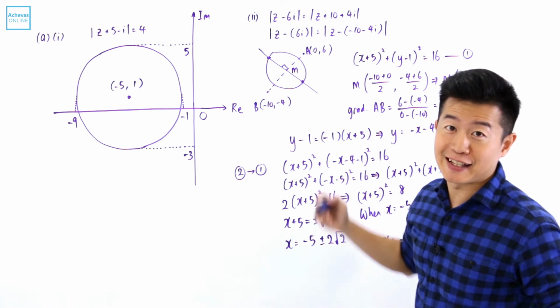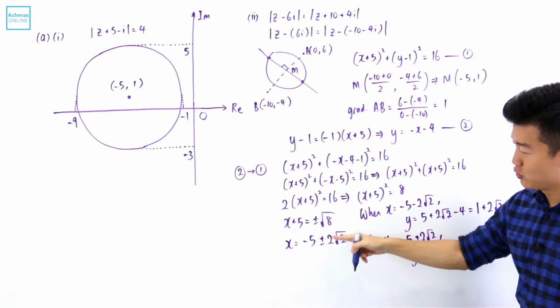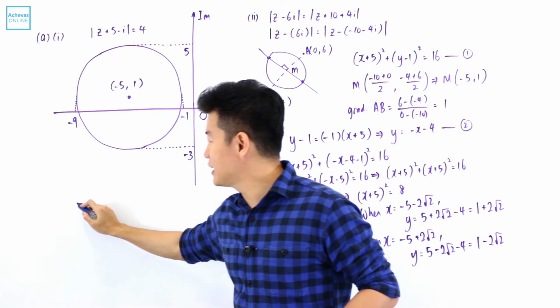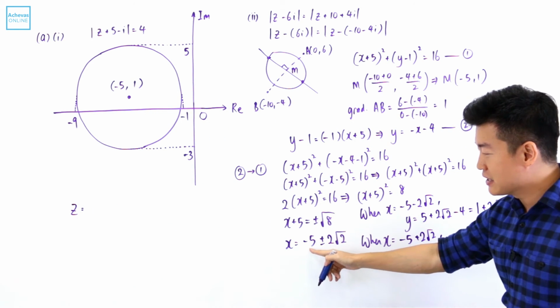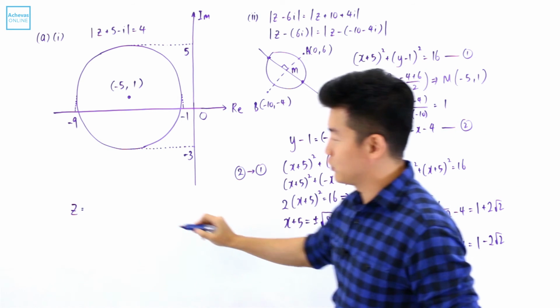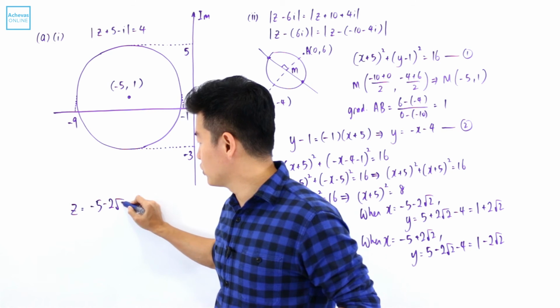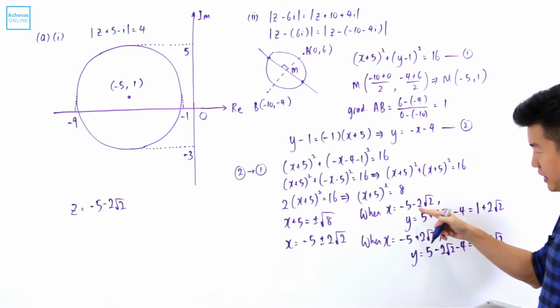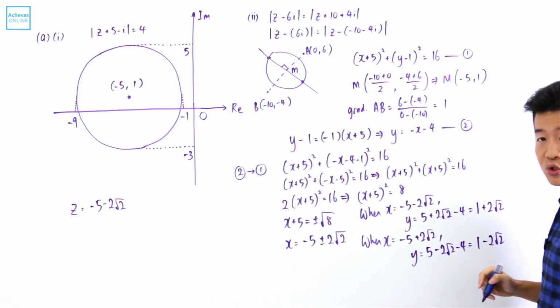That is why the z that is going to satisfy both that equation and that equation is going to be the first z: minus 5 minus 2 square root of 2 as the real portion. And when it is minus 5 minus 2 square root of 2, the y is 1 plus 2 square root of 2.